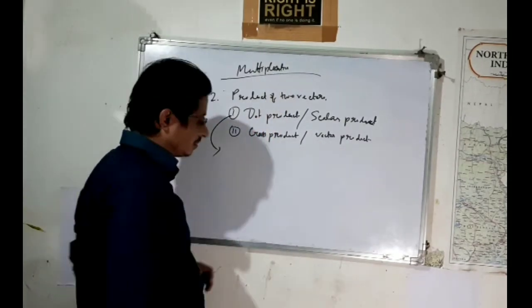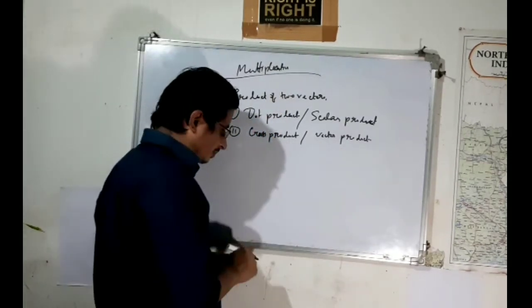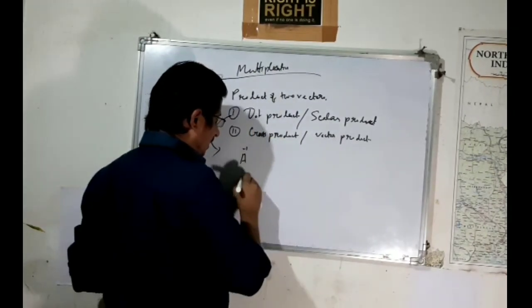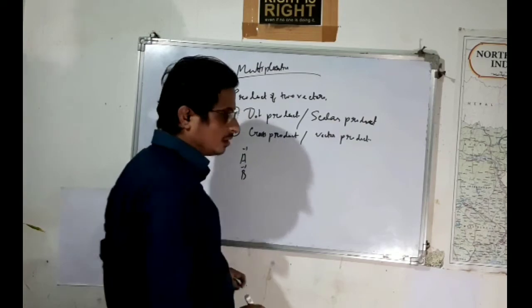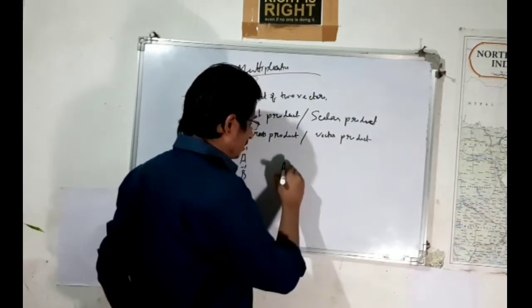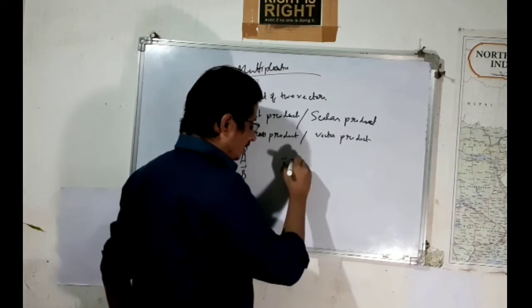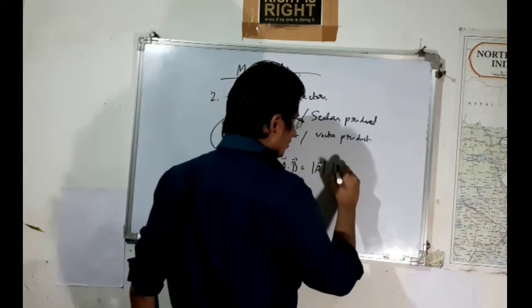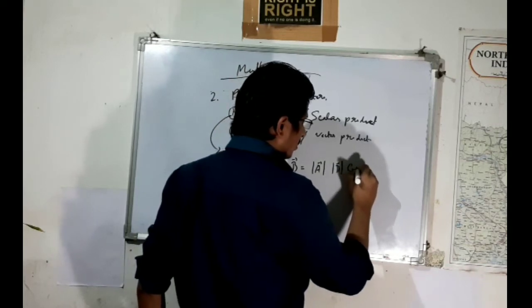This is the dot product. Suppose two vectors A and B. If we want to do the dot product, then A dot B is equal to magnitude of A, magnitude of B, cos of theta.